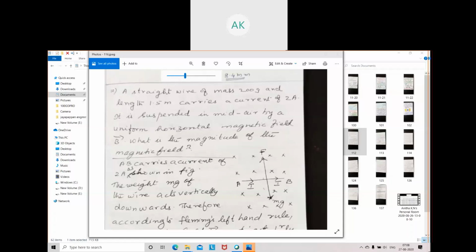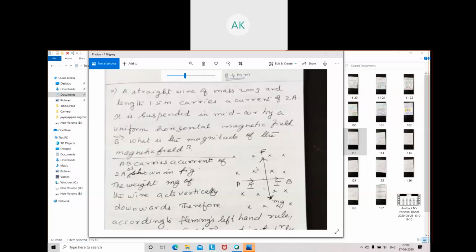What is the magnitude of the magnetic field? In order to suspend the wire in mid-air, what is the magnitude of the magnetic field needed? That is what we have to find out with the given values. We know when a current-carrying wire is kept in a magnetic field, it experiences a force.